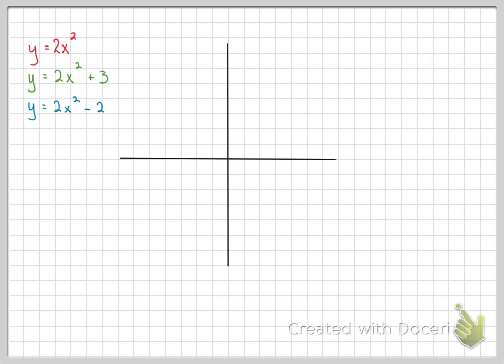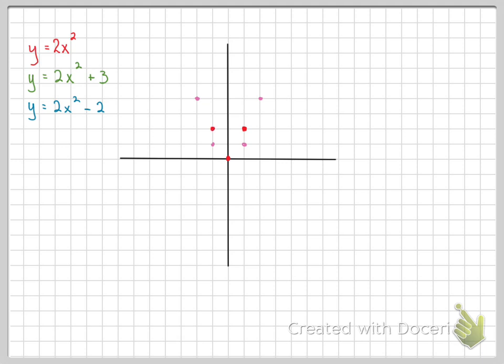Now, what we're going to do is plot the points of the parent graph. Okay, so to get to the red graph, we are going to multiply all the y values by 2. So 0 times 2, that y value of 1 times 2, same x value, new y value.